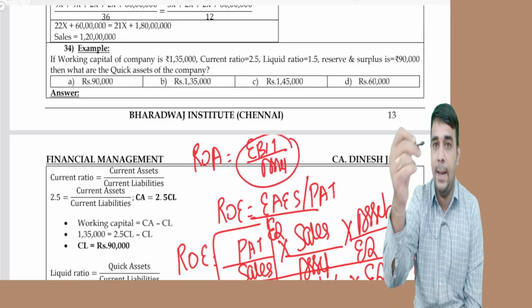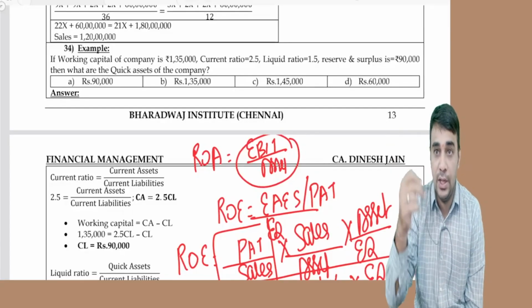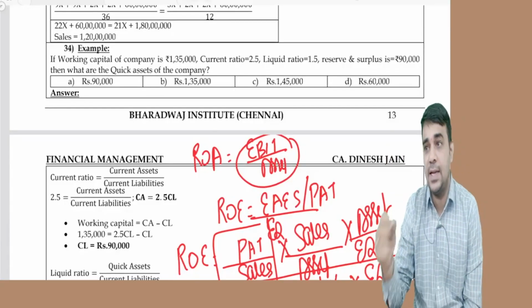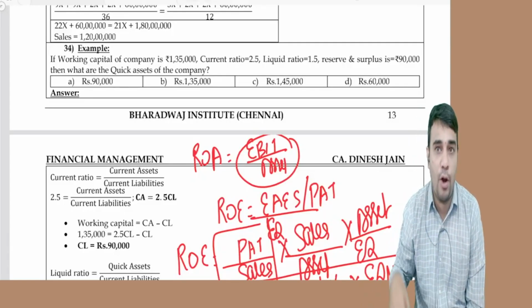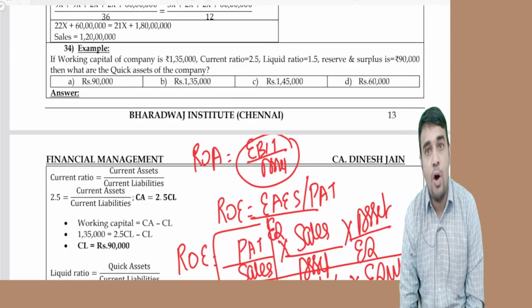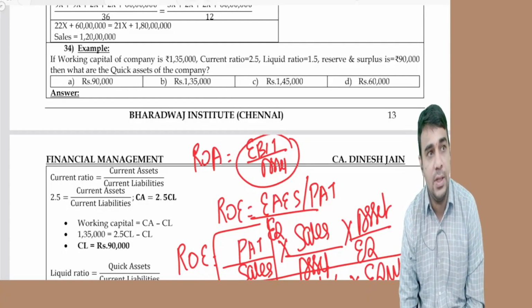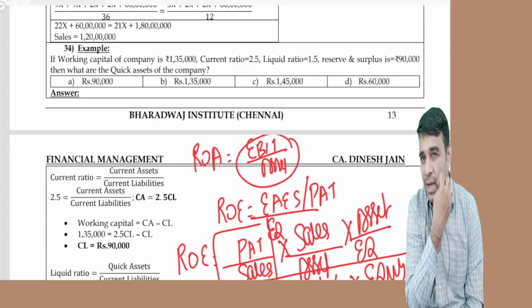You can break it as EBIT by sales, called operating profit margin, into sales by asset, asset turnover. You want to improve ROA, improve operating profit margin or improve asset turnover. Like this, certain ratios you can break down.